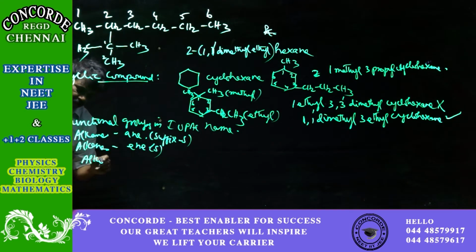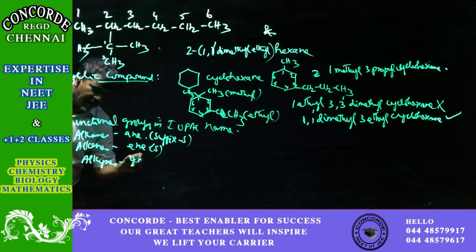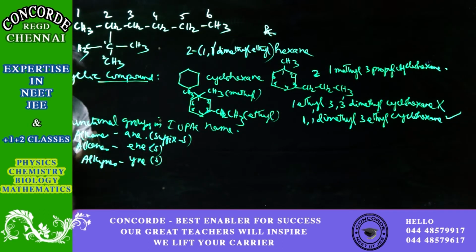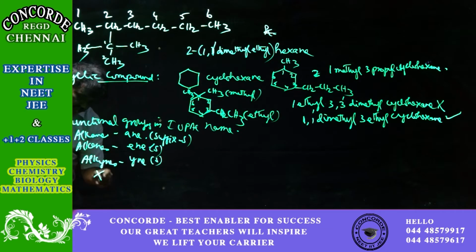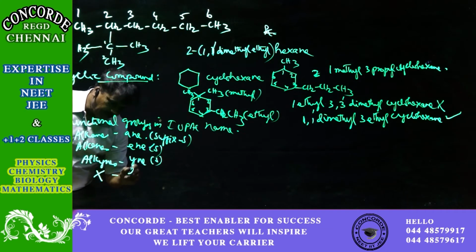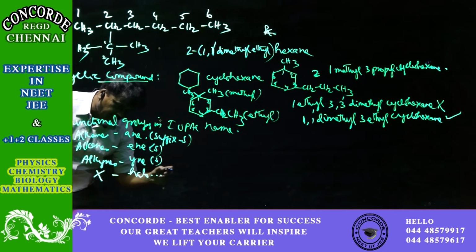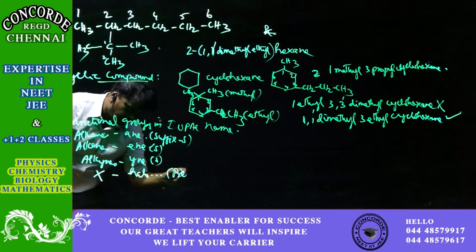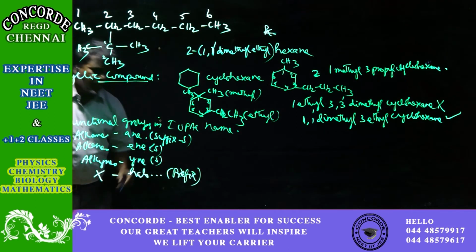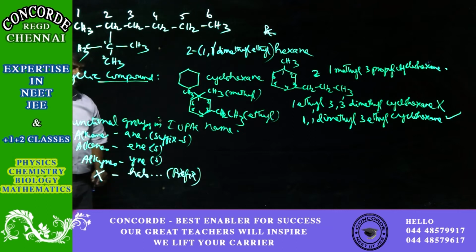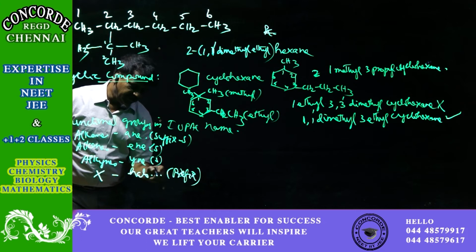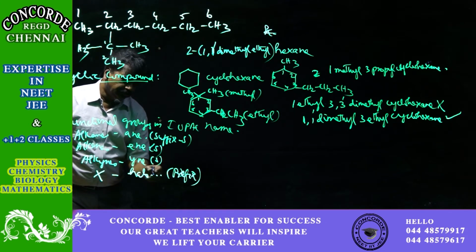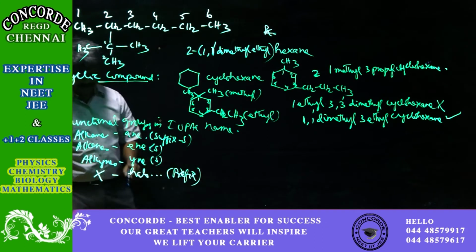Alkynes will end as yne. In case there is chlorine, bromine, or any halogen group attached, then it will be halo something. So this is a prefix. It will be haloalkanes, haloarenes, all those things. So this is a prefix.